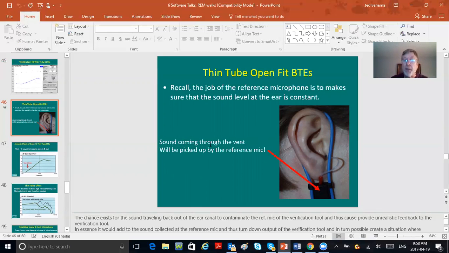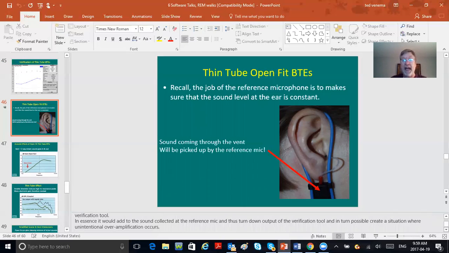Anyway, sound coming through the vent will be picked up by the reference mic. So not just the sound from the speaker, but also sound bouncing off the drum, leaking out through the vent. That also will get picked up by the reference mic. And when you read the notes here on the bottom, the chance exists for sound traveling back out of the ear canal to contaminate the reference mic of the verification tool and thus provide unrealistic feedback to the verification tool.